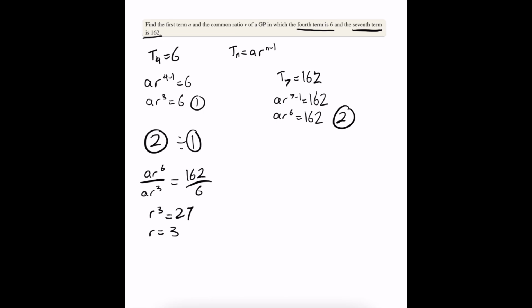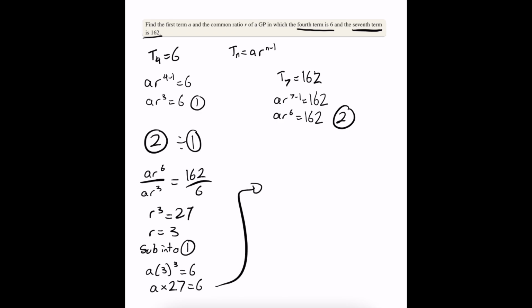So now that we know that R equals 3, we can then substitute into either of our equations, equation 1 or equation 2. And we will be able to figure out A. So let's sub into equation 1. And let's say that A times 3 to the power of 3 is equal to 6. So we get A times 27 is equal to 6.